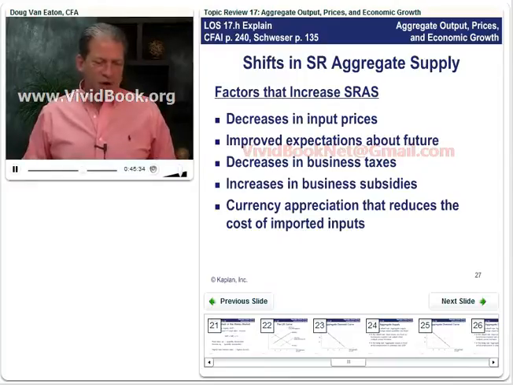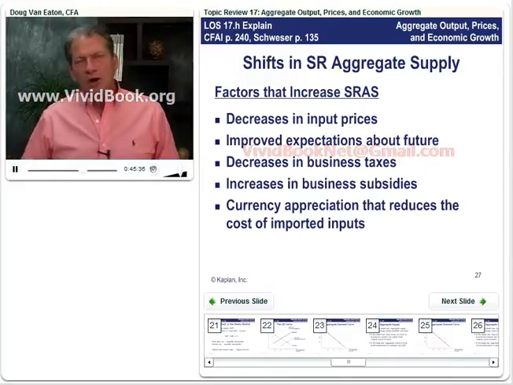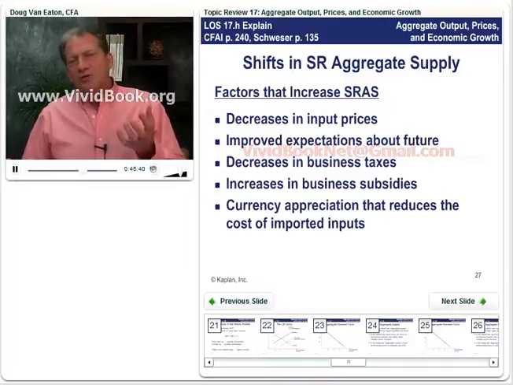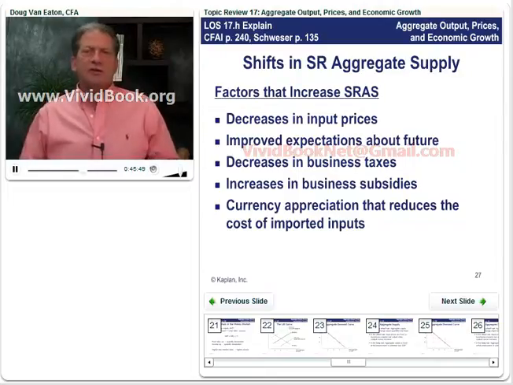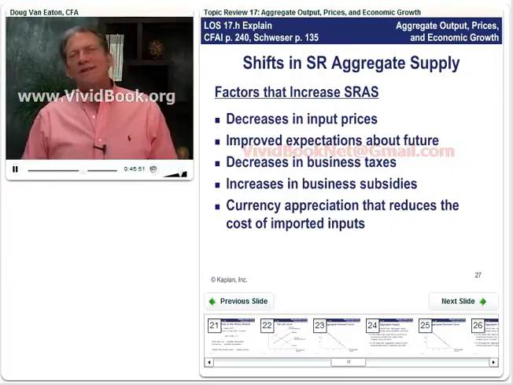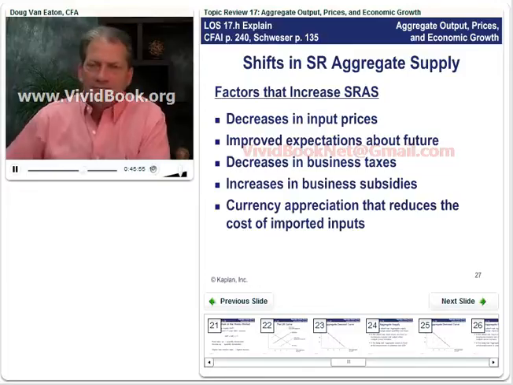Say we've got oil priced in euros, and the U.S. dollar appreciates relative to the euro, then that input is less expensive in dollar terms, and as with decreasing the cost of any input, that's going to increase short-run aggregate supply.